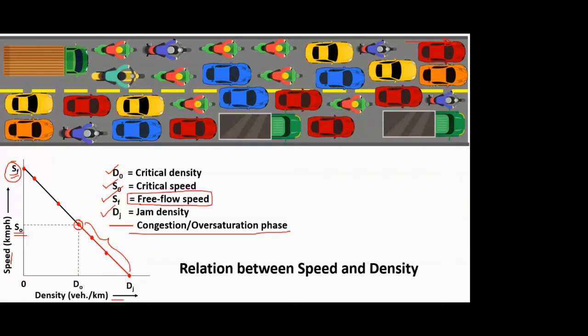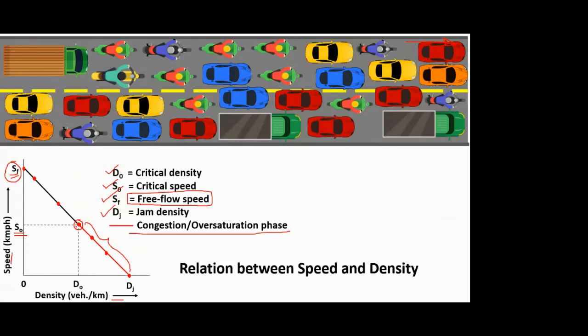Once your speed drops below the critical speed, the traffic in that area starts to get congested, or there is a building up of a queue of vehicles, and that results in reduced speed. The driver then feels some impatience or irritation because he has to travel at a very low speed, and that is not desirable.